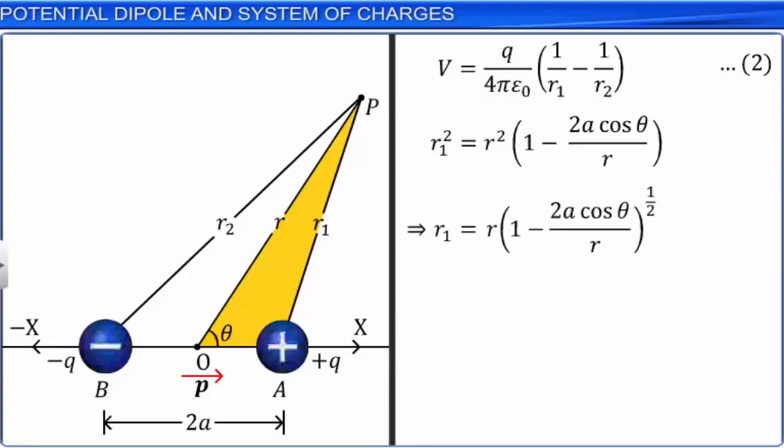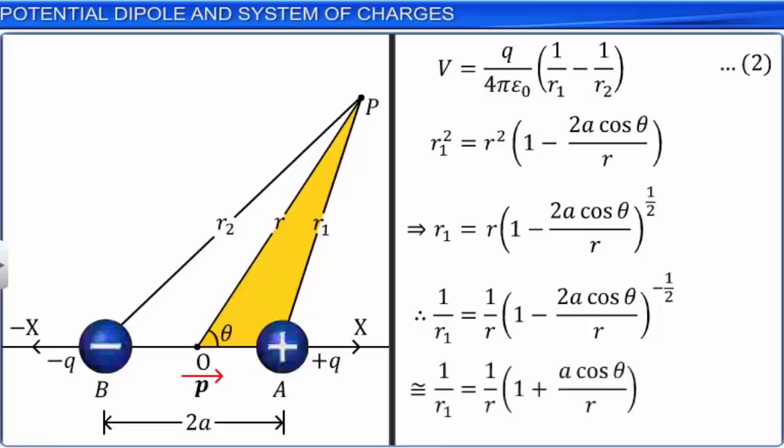Therefore, 1 by R1 is equal to 1 by R into 1 minus 2A cos theta by R power minus half. Using binomial expansion of the terms in parentheses, we get 1 by R1 is equal to 1 by R into 1 plus A cos theta by R. Let this be equation 4.